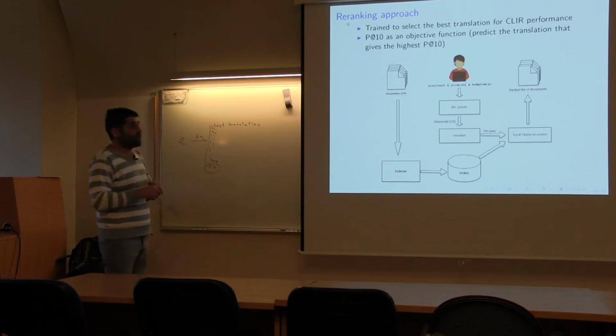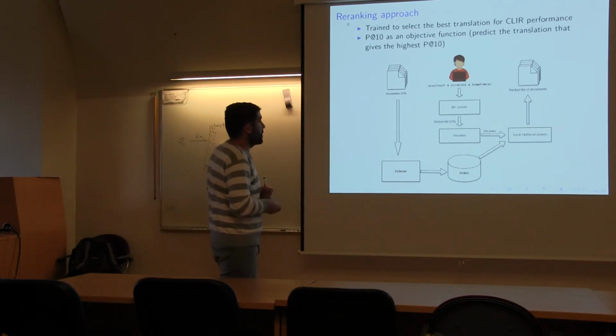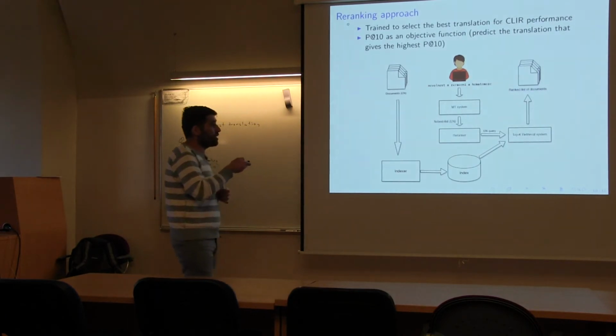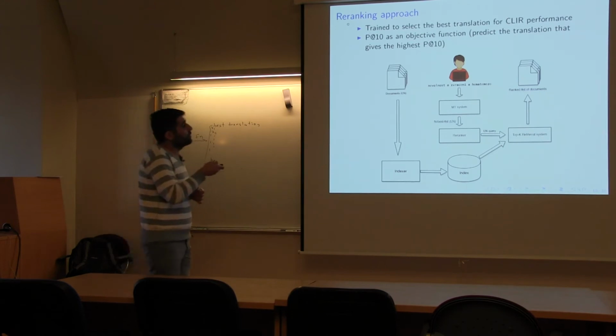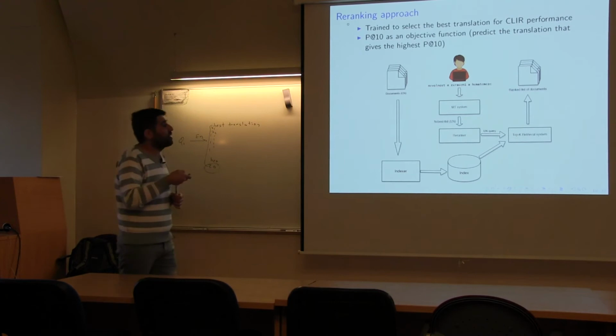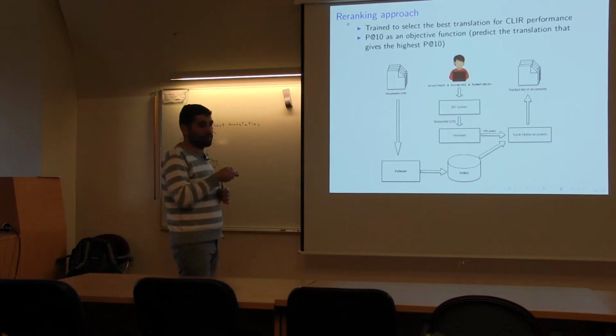Here we designed a reranking model. This reranking model is doing the following. We have this English query, and a Czech query. It is translated into English using SMT systems. Then we get an n-best list.